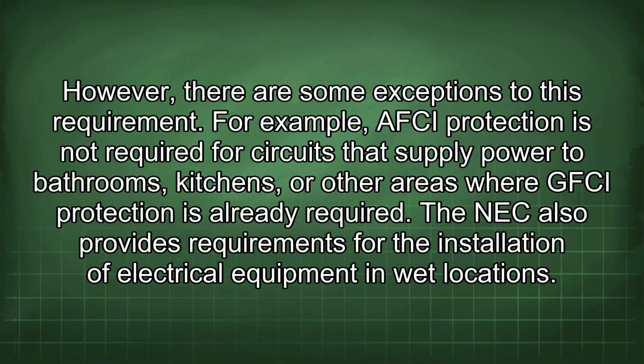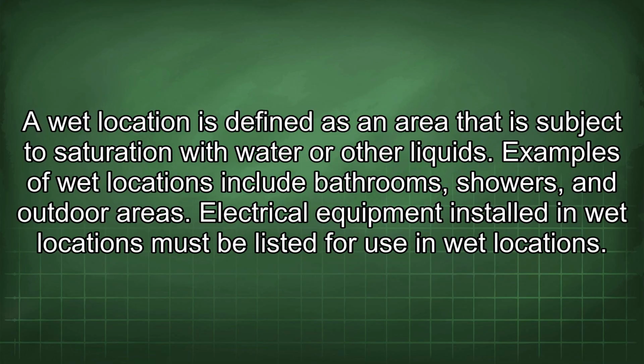For example, AFCI protection is not required for circuits that supply power to bathrooms, kitchens, or other areas where GFCI protection is already required. The NEC also provides requirements for the installation of electrical equipment in wet locations. A wet location is defined as an area that is subject to saturation with water or other liquids.